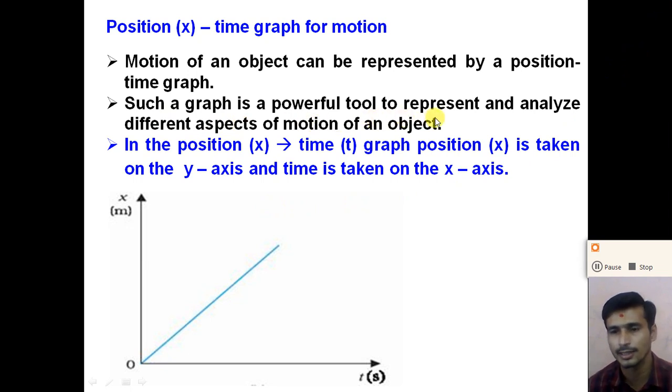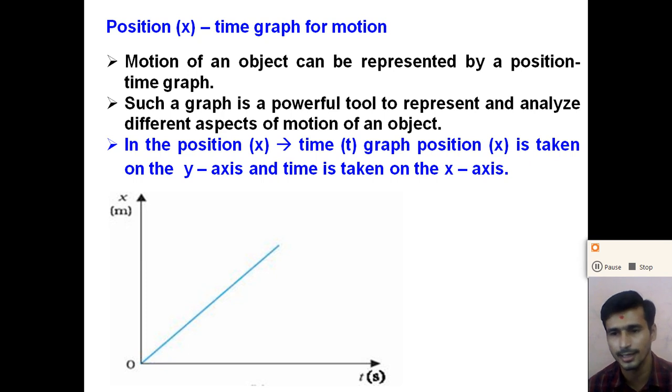We can identify the type of the motion from the graph. We can calculate several physical quantities from the position time graph. So the position time graph is an important and powerful tool to represent the motion of the object.